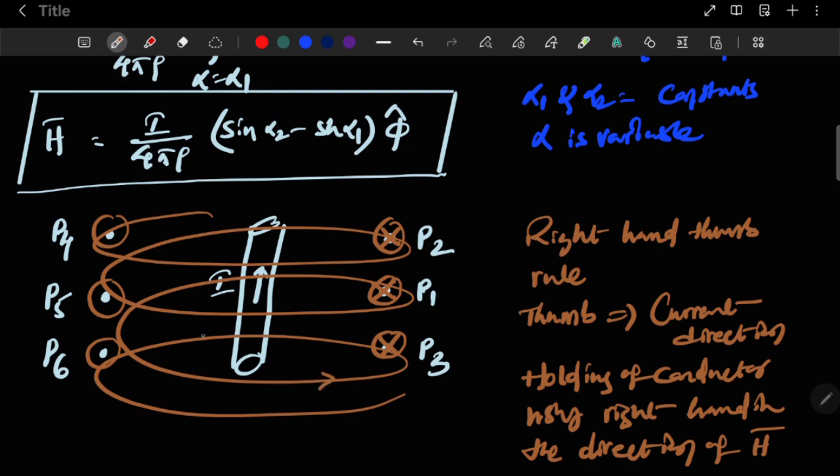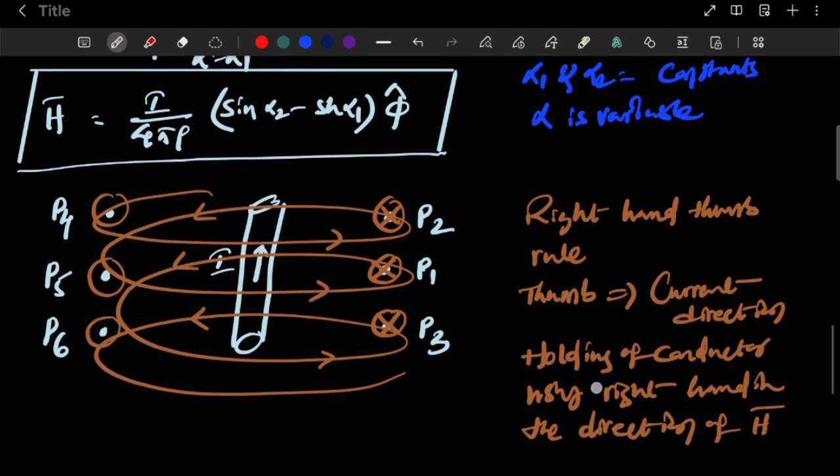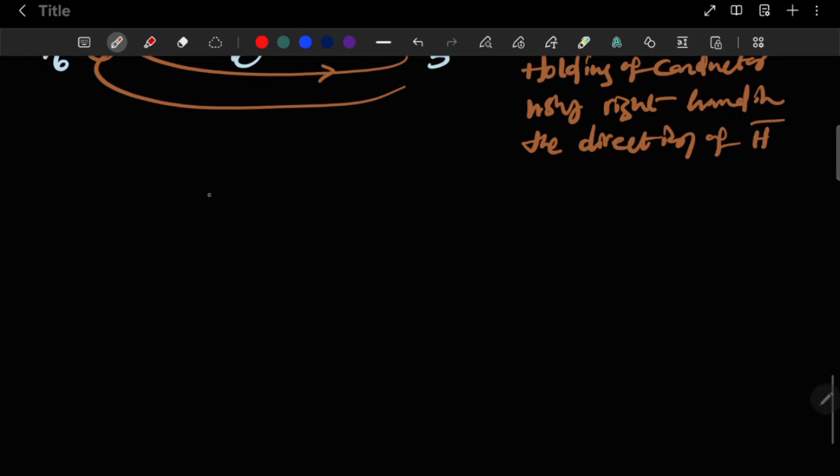So going into, coming out, going into, coming out, like this you can take. Then it is for the finite length conductor situated from Z1 to Z2. For example, if it is an infinite length conductor, Z1 is extended up to minus infinity, Z2 is extended up to plus infinity.